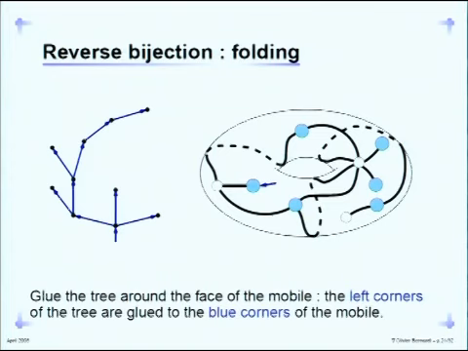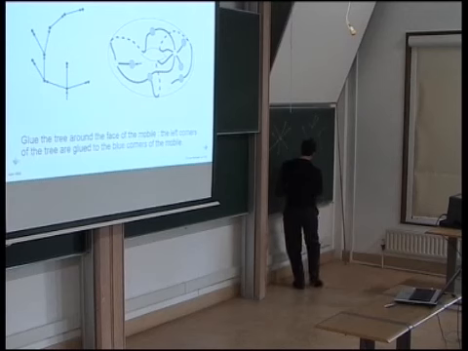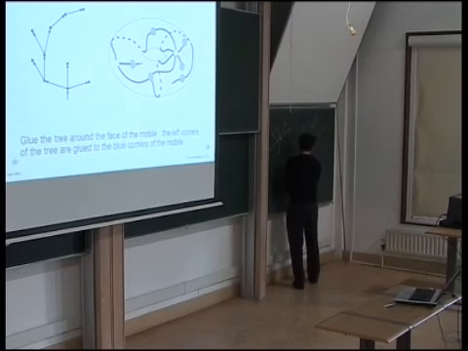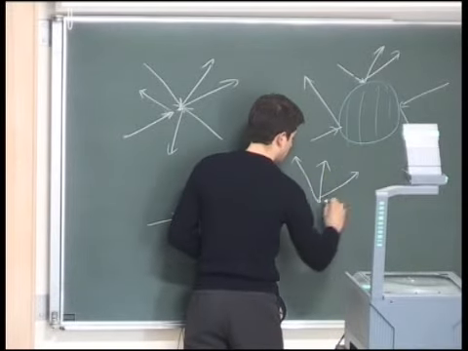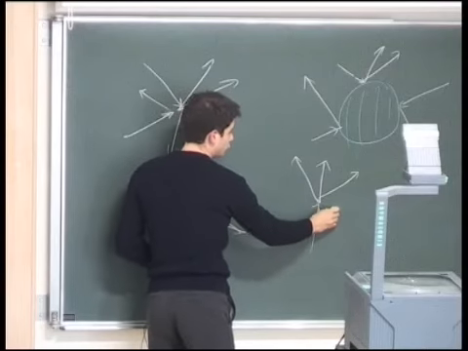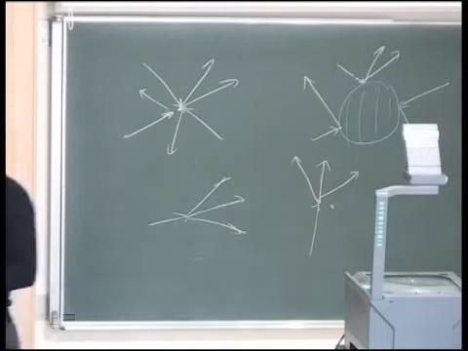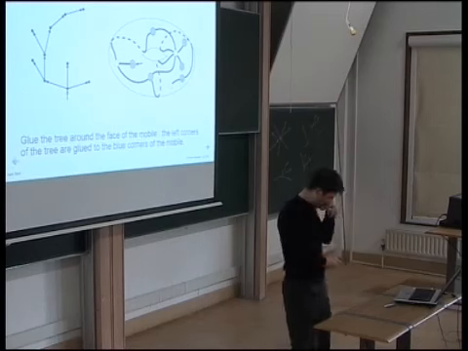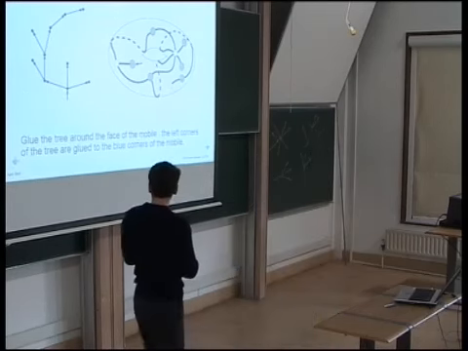And I will glue the right corners, so the corners on the right of each vertex. So if I have a vertex here in my tree like this, this is the right corner, and this is the one I want to glue to a blue corner. I will glue them to the blue corner of the mobile.